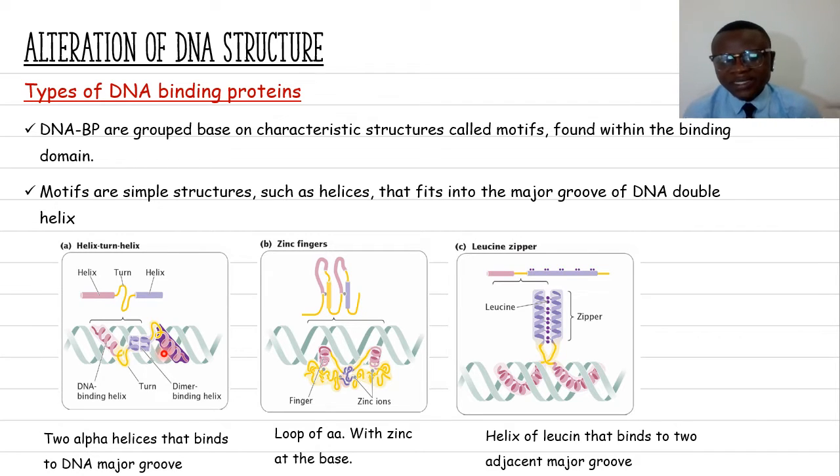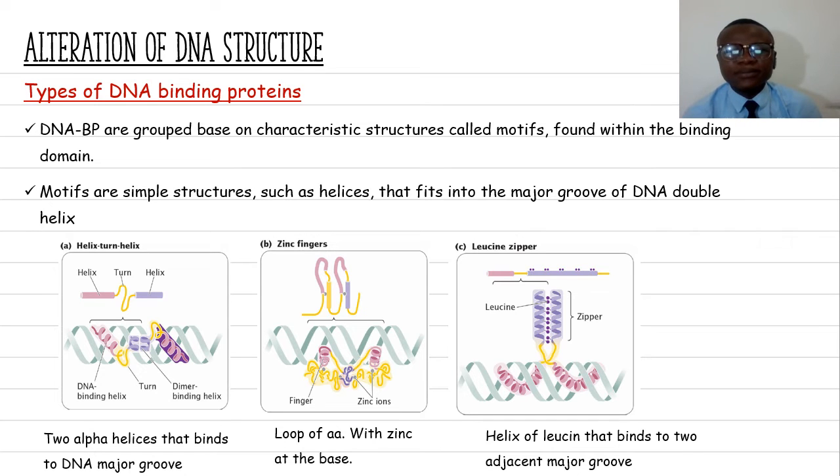And lastly, we have the leucine zipper, which has to do with a helix of leucine that binds to the adjacent major groove. So these are examples of some DNA binding proteins that actually bind to the structure of the DNA and change the conformation of the DNA, either protecting or promoting the expression of a particular gene.